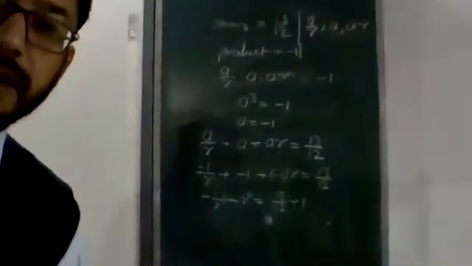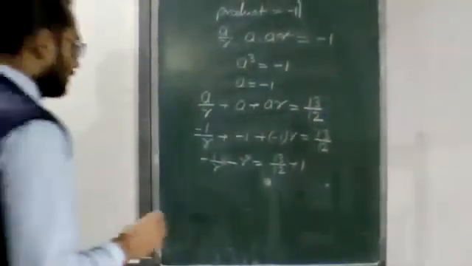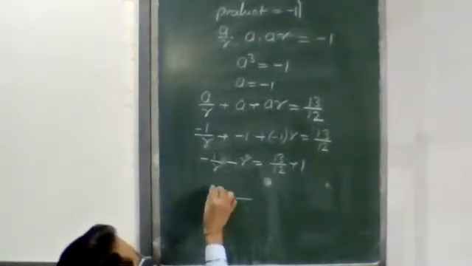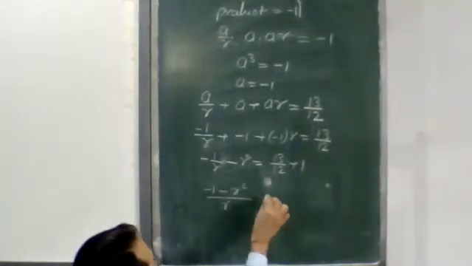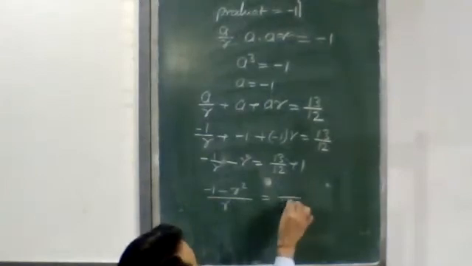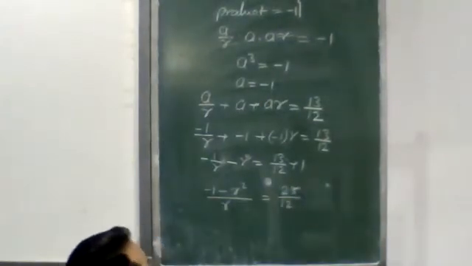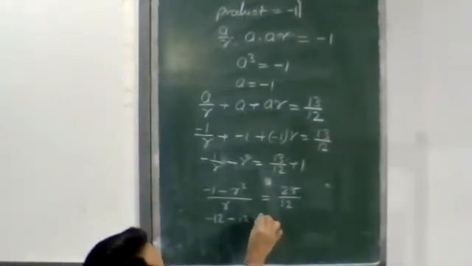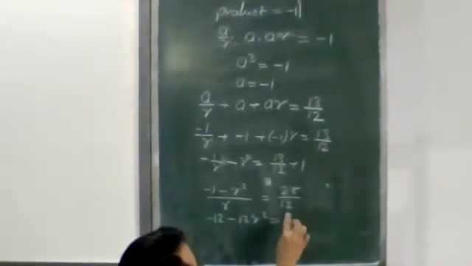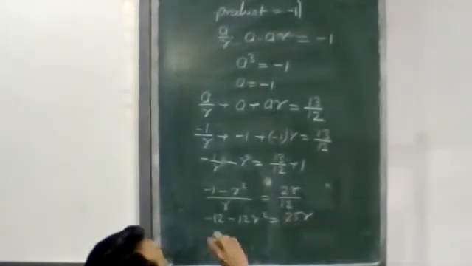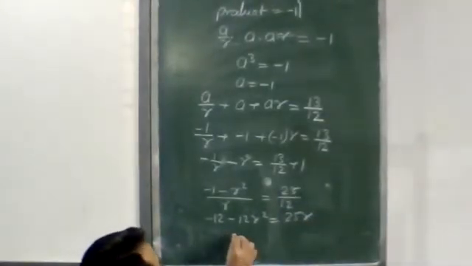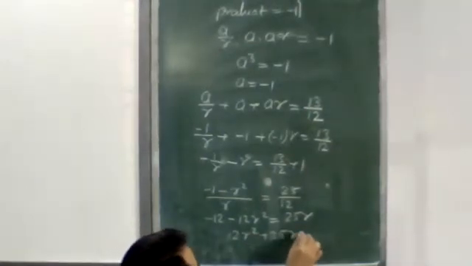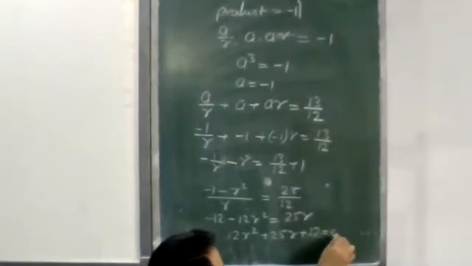Now we need to simplify to get the value of r. Taking LCM, that is r minus 1 minus r square is equal to 12 upon 25. With cross multiply, minus 12 minus 12 r square is equal to 25 r. Taking everything on one side, 12 r square plus 25 r plus 12 equals 0.